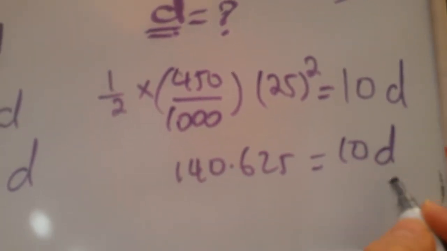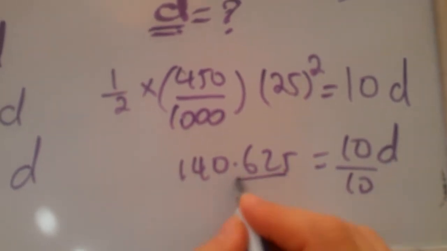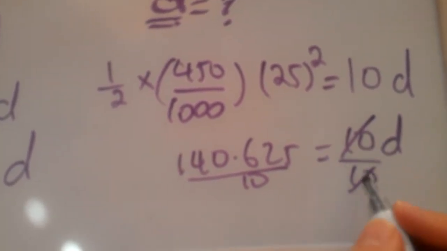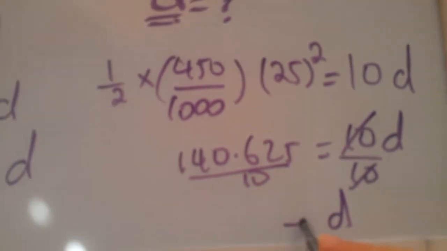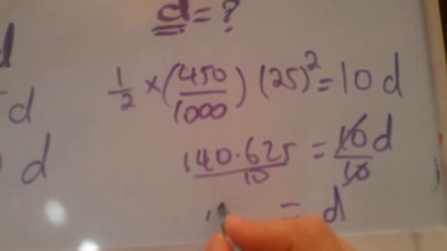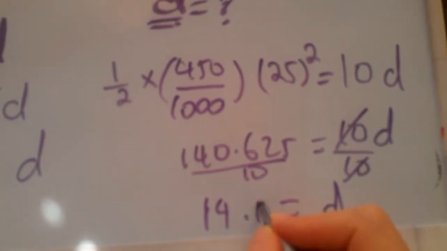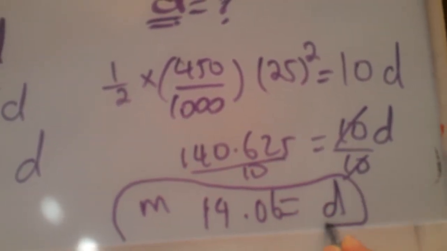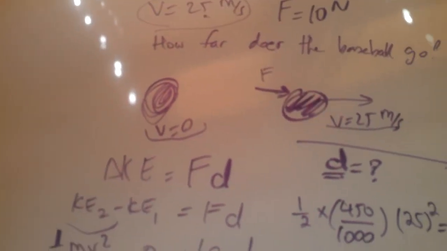Now I want to isolate d, so I divide both sides by 10 to get rid of the 10 here. So d equals 14.06 meters. So it's actually a very realistic question.